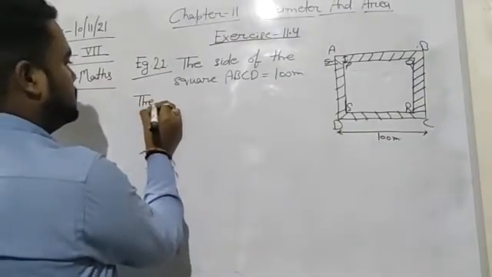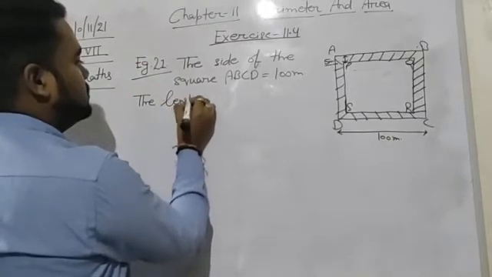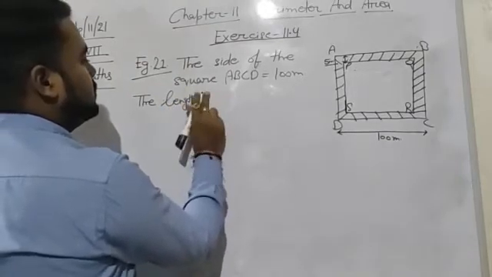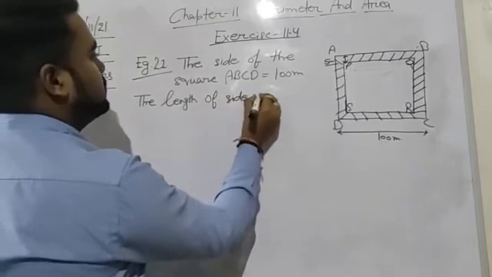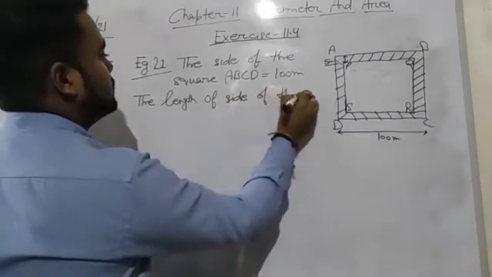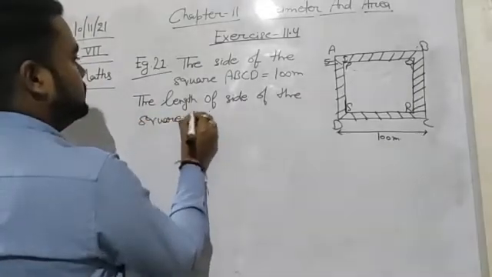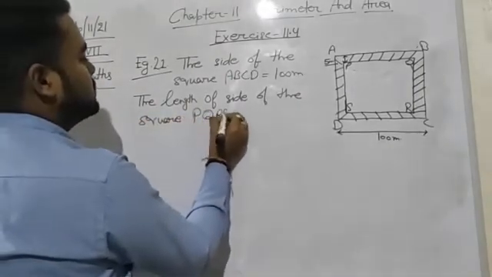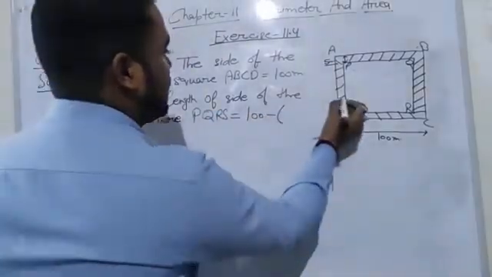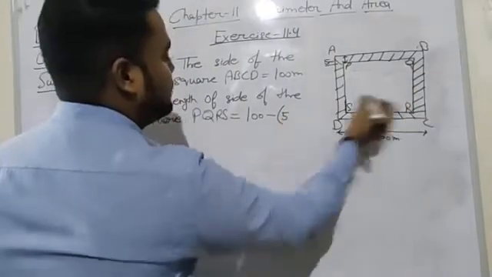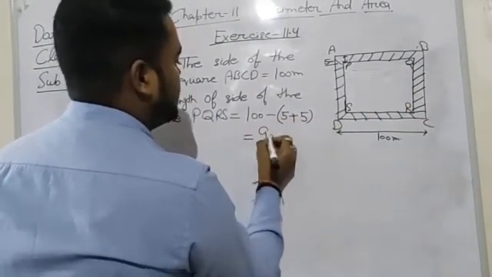So the length of the side of the square PQRS is 100 minus 5 from this side and 5 from that side also, that is 90 meter.